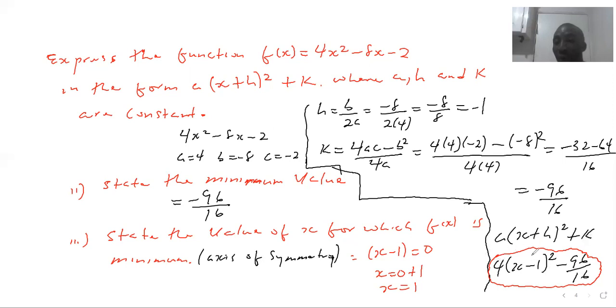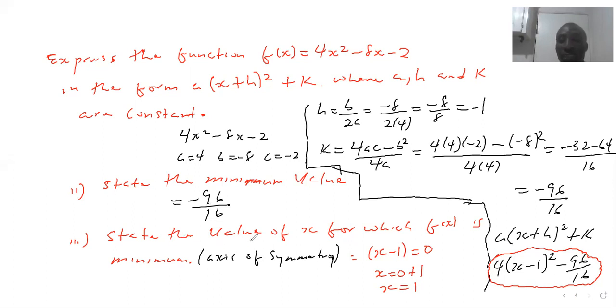Our a is 4, our h is negative 1, and our k is negative 96 over 16. This is the first part of the question. The second part asks for the minimum value. What you do here is take the value of k, whatever you get for k is your minimum value.